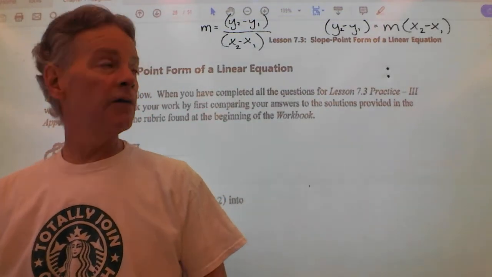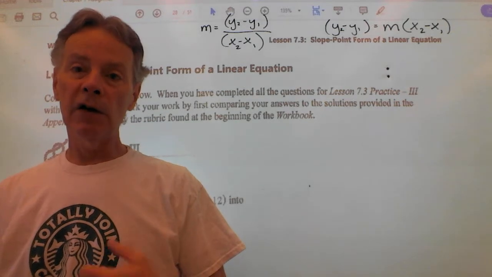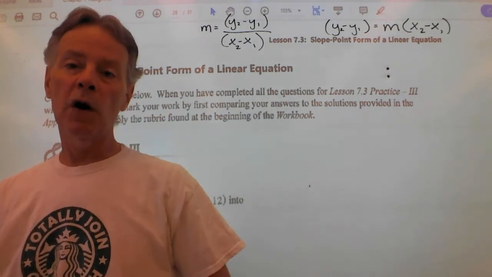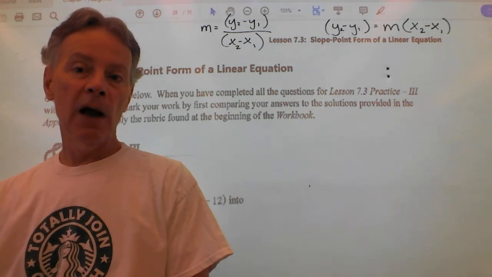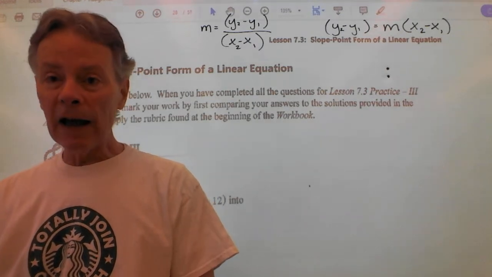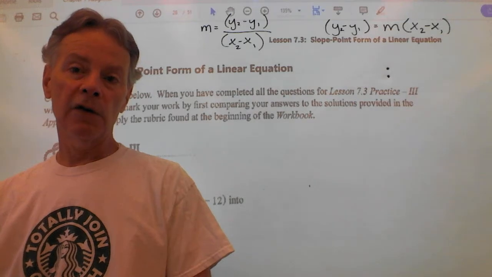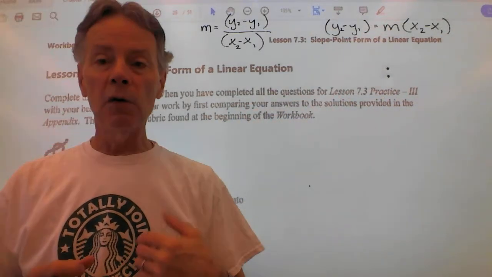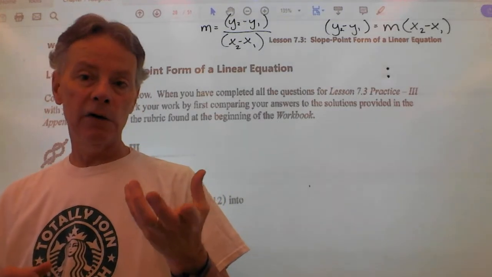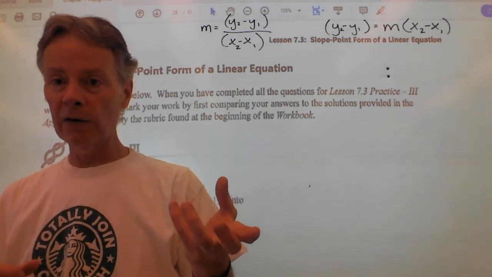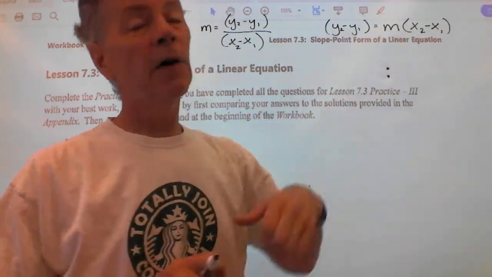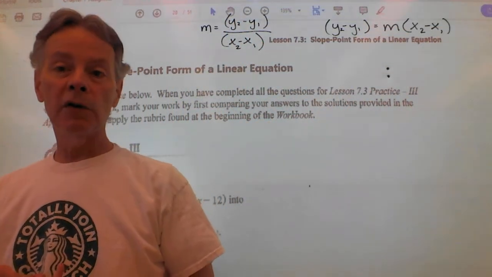One advantage of the slope point formula is you can get it if you know the slope and any one point on the line. And it truly is any one point on the line. So in other words, the slope point formula is the only one where you can get two different formulas, right, with different values for y1 and for x1, and it will still describe the same line.